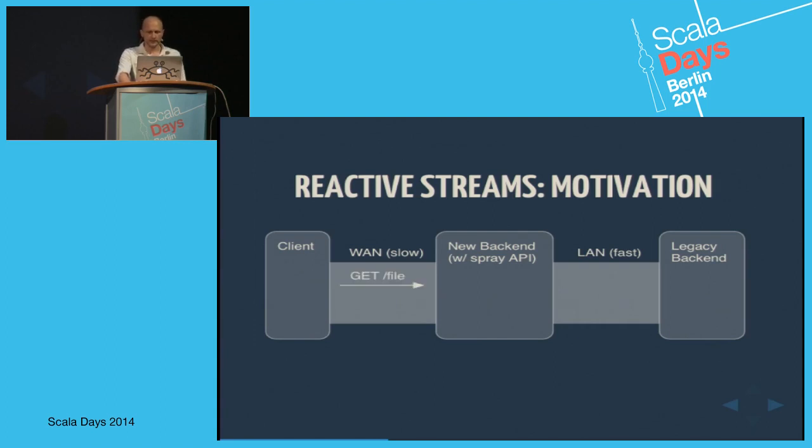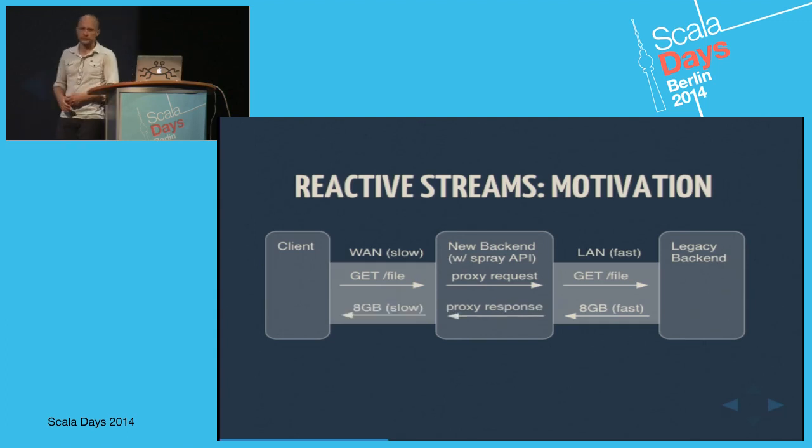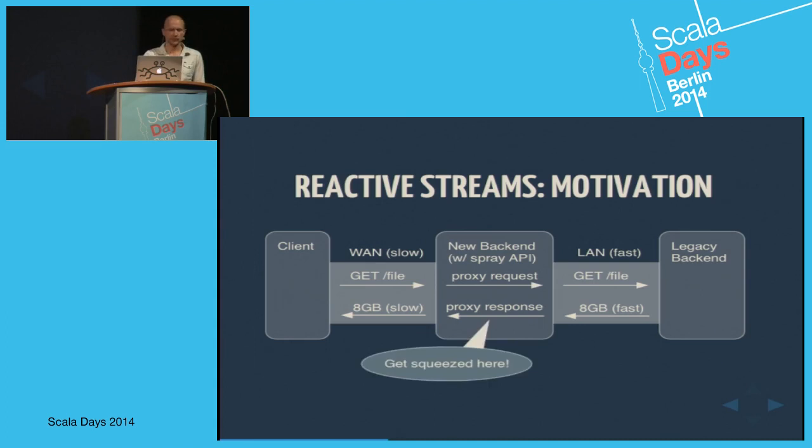Then you have this situation: a request comes in, we proxy the request, it goes back to the legacy backend, and the legacy backend delivers an 8 GB response across the LAN, and we proxy that to our client who happens to sit in New Zealand on a really, really slow connection. Now, you can see where the problem is, yeah? Because it's right there.